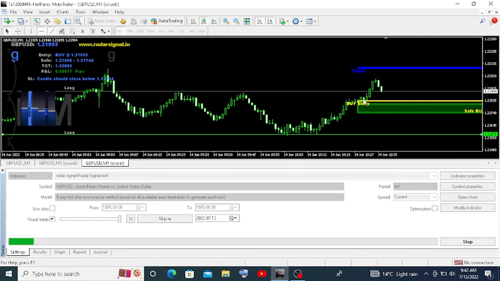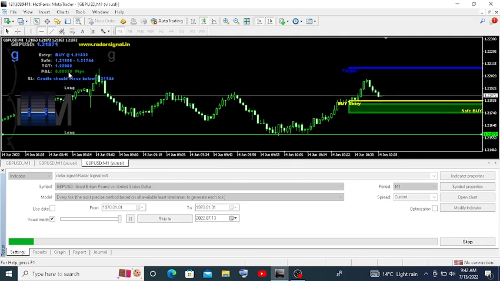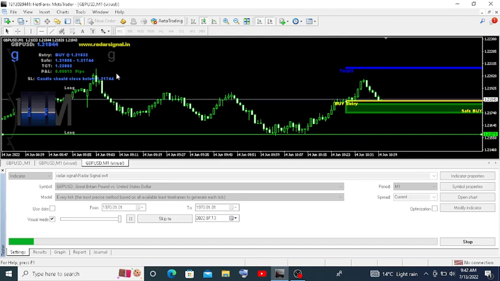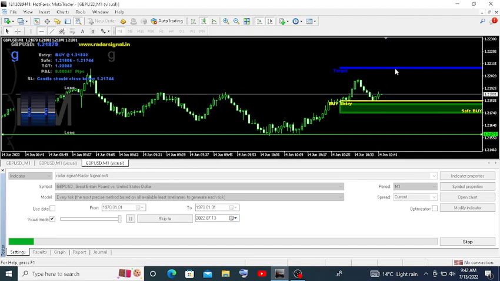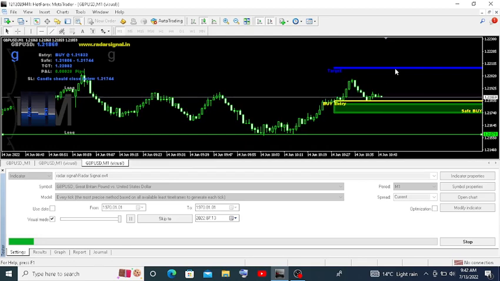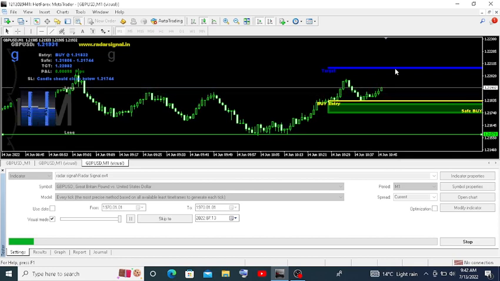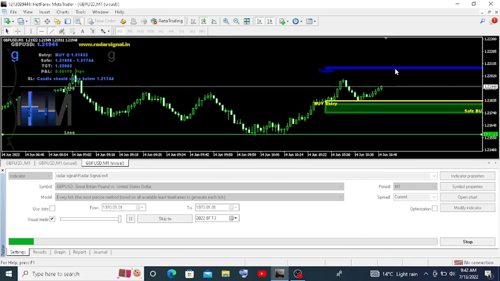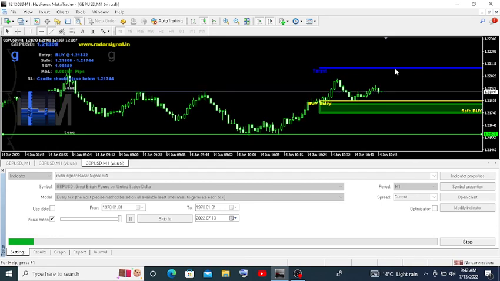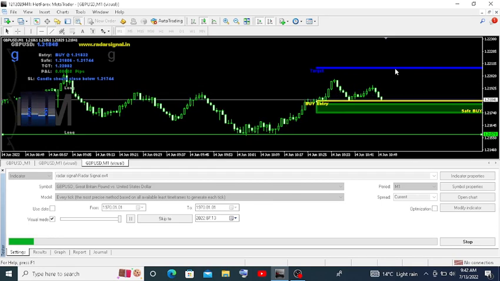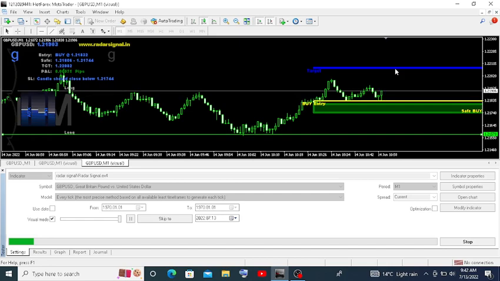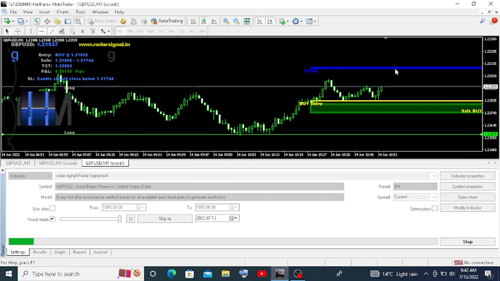See, again, it's a breakout. After it broke out, how many pips did it go? It went about 7 pips. You see, you are scalping. If you are using 1 minute and 5 minutes, you are scalping. For you, when you are a scalper, 10 pips, 15 pips, 20 pips, that is good enough.